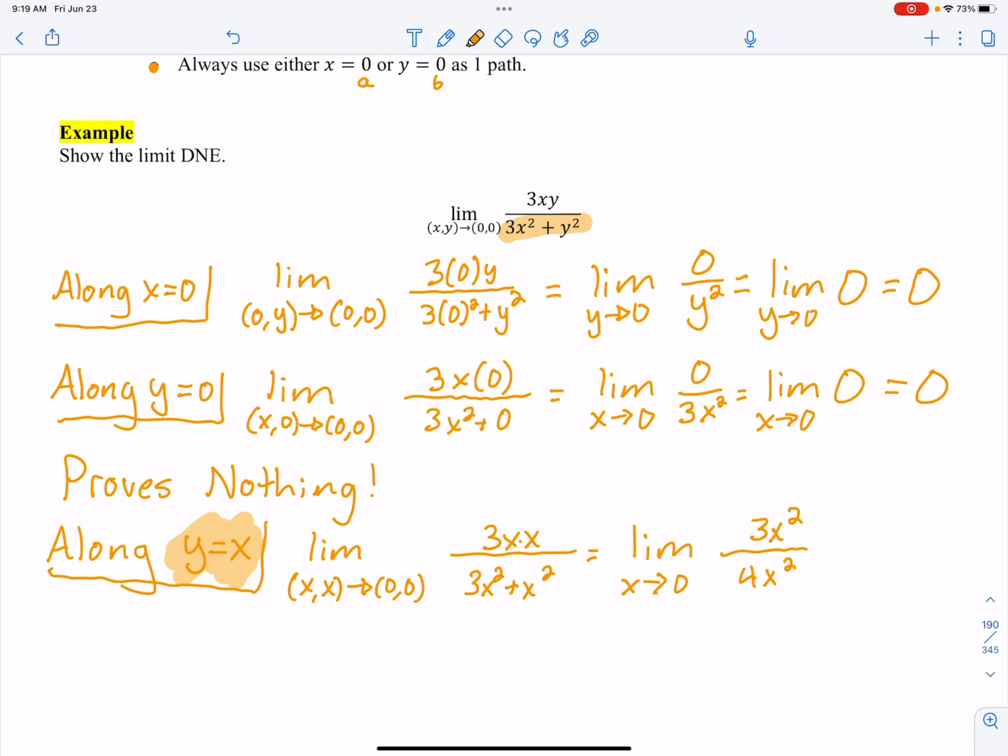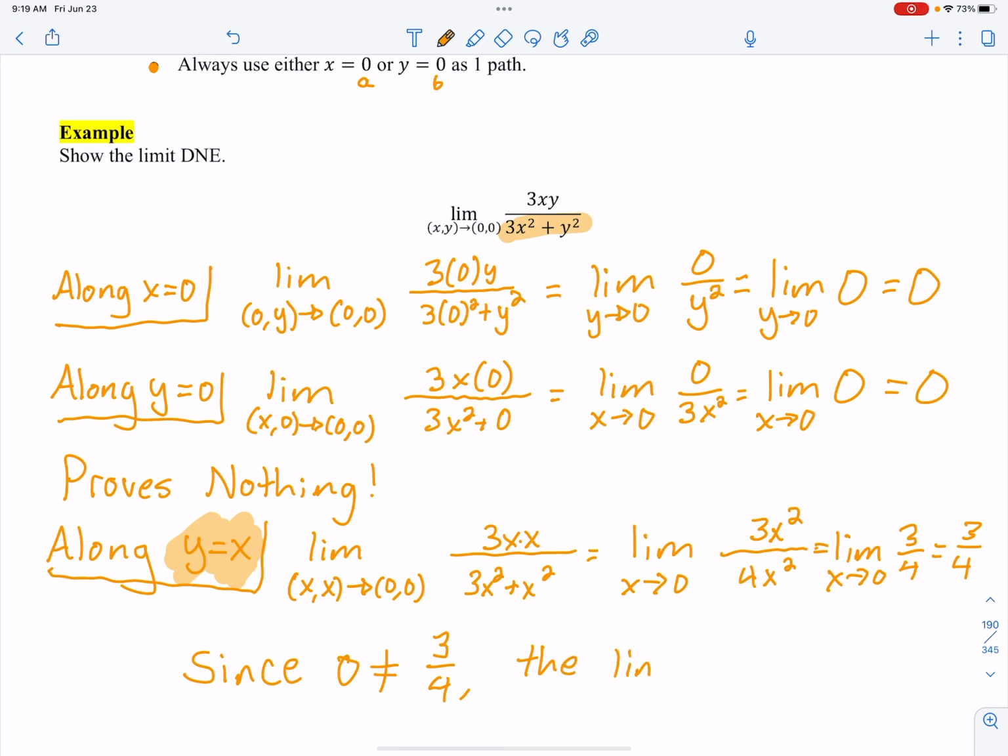Now this leads me to the limit as x approaches 0 of 3/4, which is just 3/4. Now we have another path that doesn't go to 0. So since 0 does not equal 3/4, the limit does not exist.